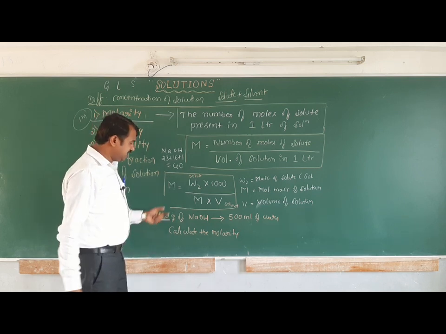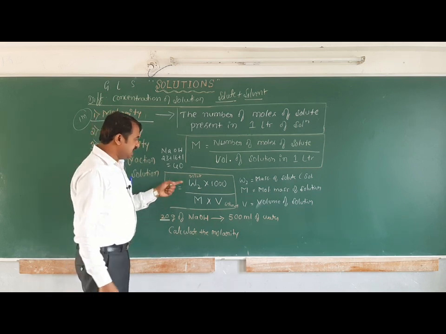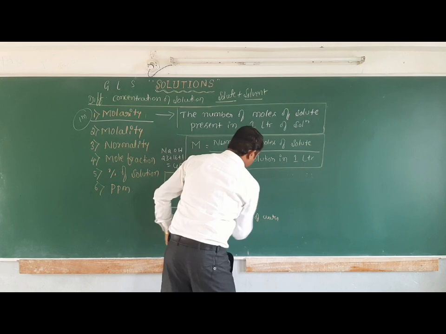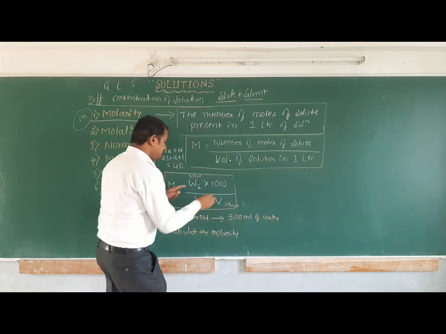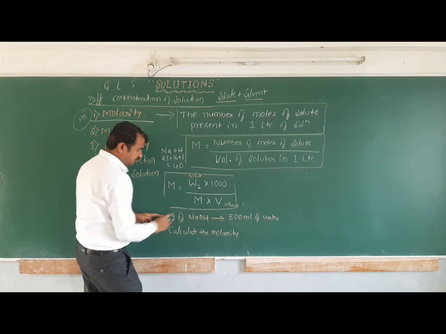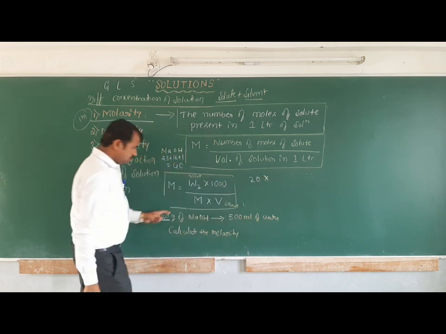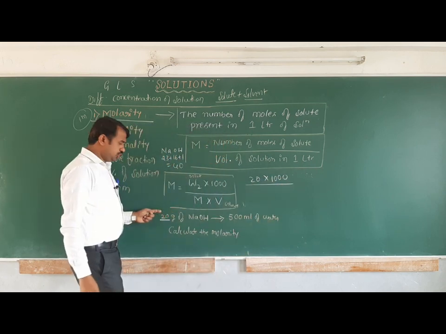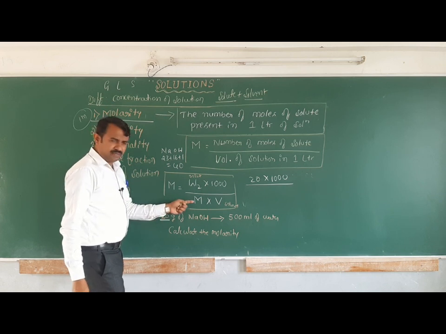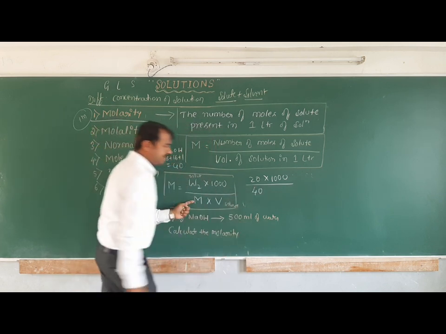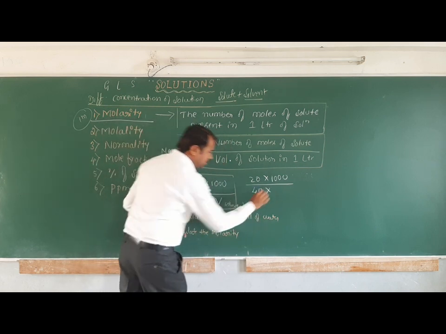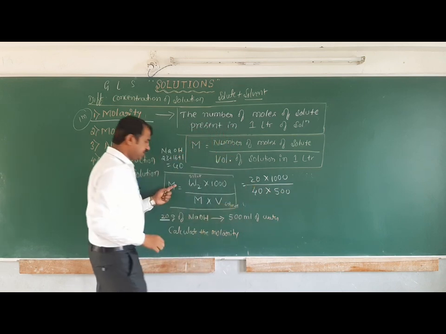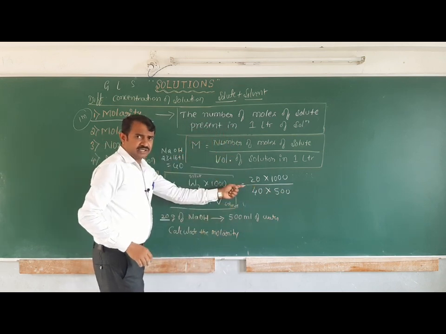To calculate the molarity, here W2, the weight of solute, is 20 gram into 1000, divided by the molecular mass of sodium hydroxide 40 into the volume of solution, which is 500. Okay, this is the formula.